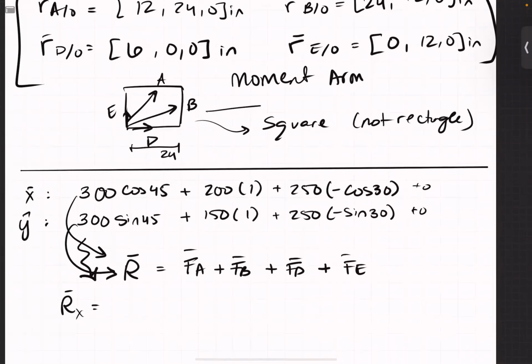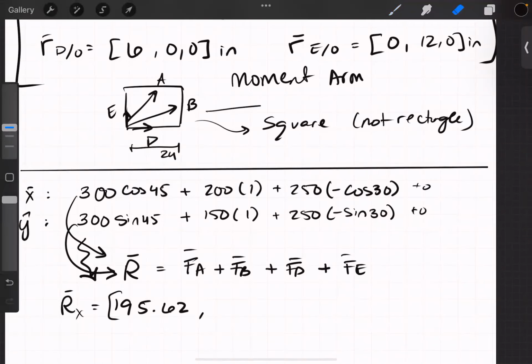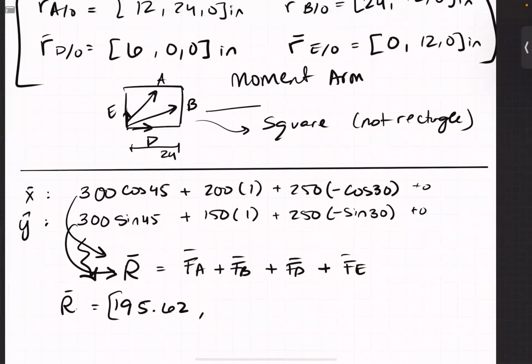Rx is equal to 195.62, and we'll just go with the full vector. So that was Rx. Ry is 237.13, and this is all pounds.